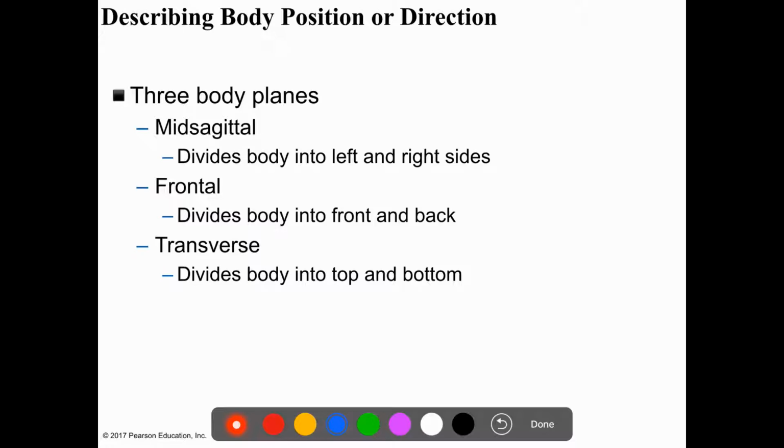In order to describe our body position and direction, scientists came up with different terms we need to be familiar with. You already saw some of these terms, but now we are officially introducing them. Our body can be divided through three different body planes: mid sagittal, frontal, and transverse.